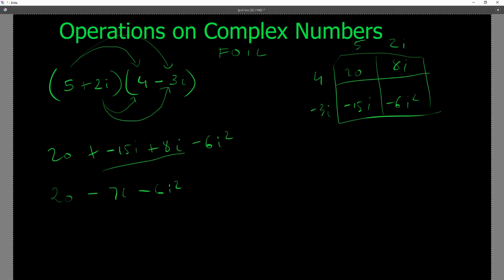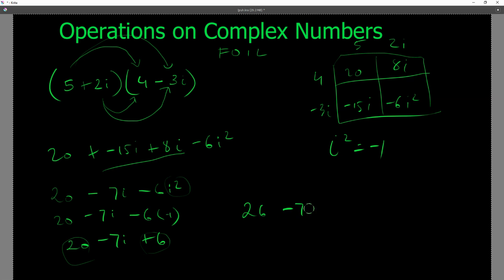But you remember i squared is always equal to negative 1. So you have 20 minus 7i minus 6 times negative 1. That gives you 20 minus 7i plus 6. And then this becomes a real number, right? So real number, you can combine them. That gives you 26 minus 7i.